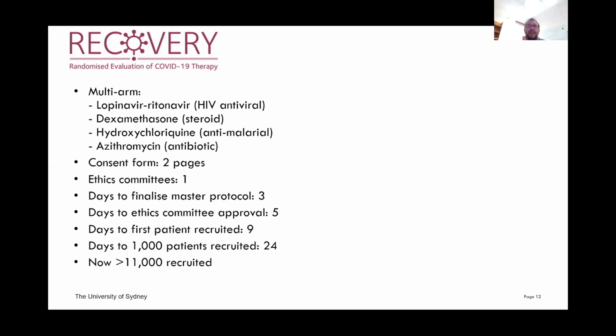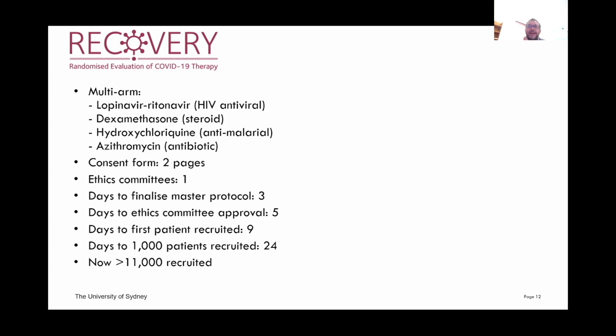But the significant features of the RECOVERY platform compared to traditional clinical trials: firstly, the consent form is only 2 pages. That compares with a consent form for most clinical trials that usually run over 10 pages or more. A single ethics committee approved the protocol for all of the UK.